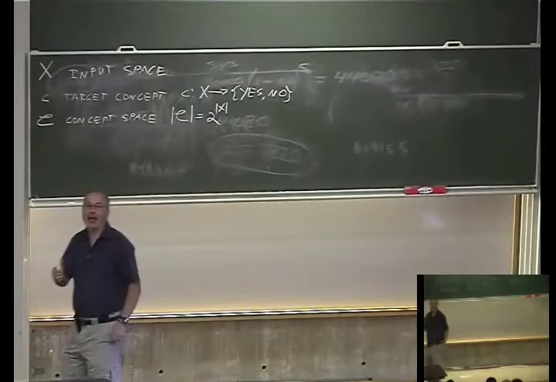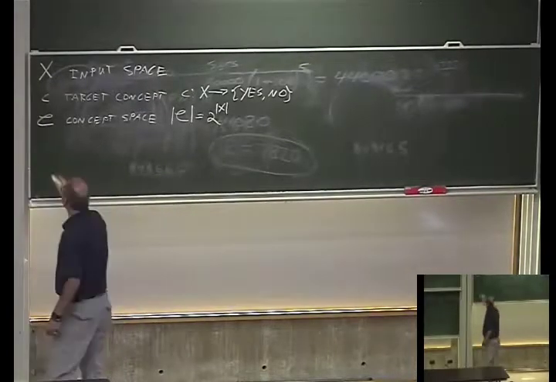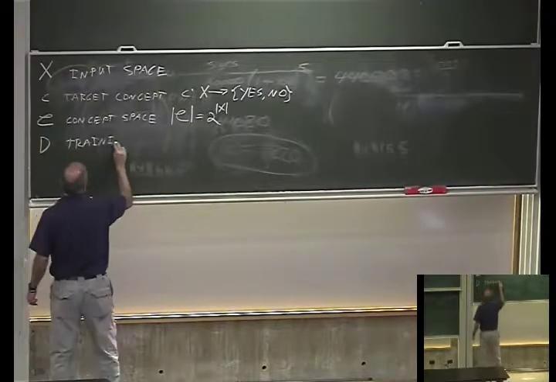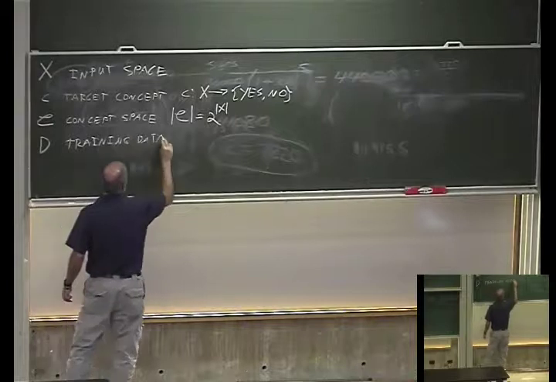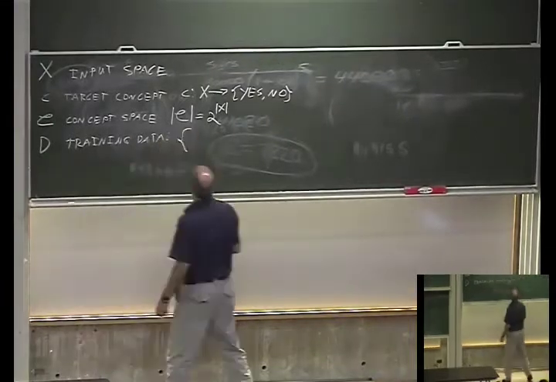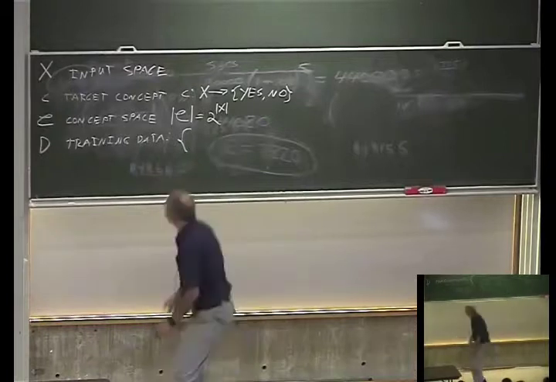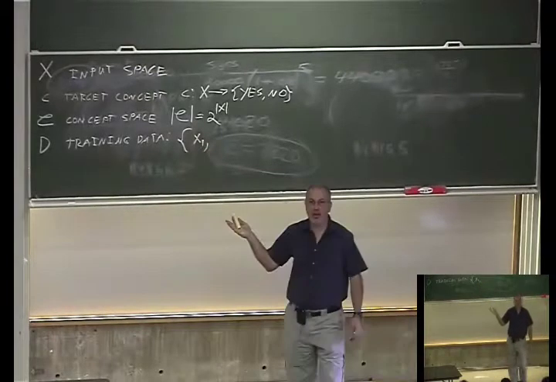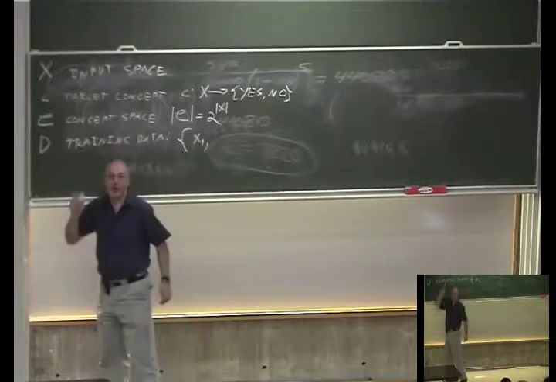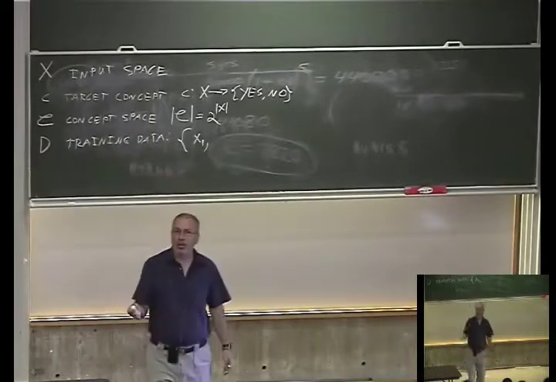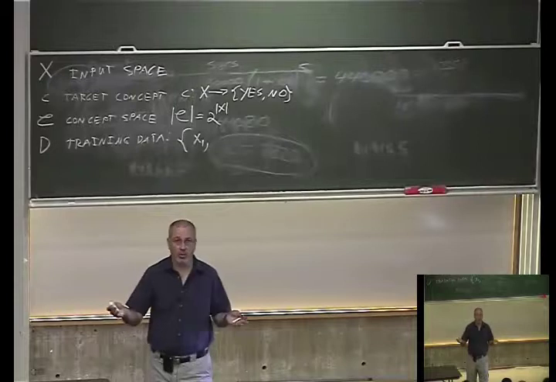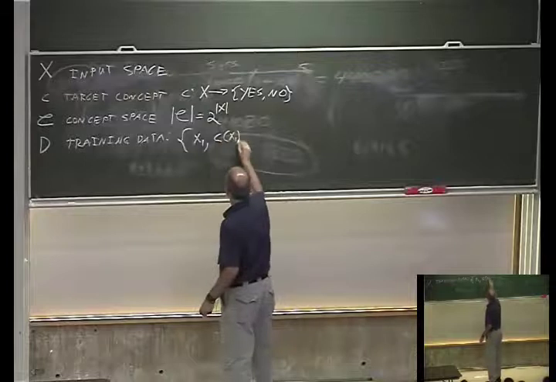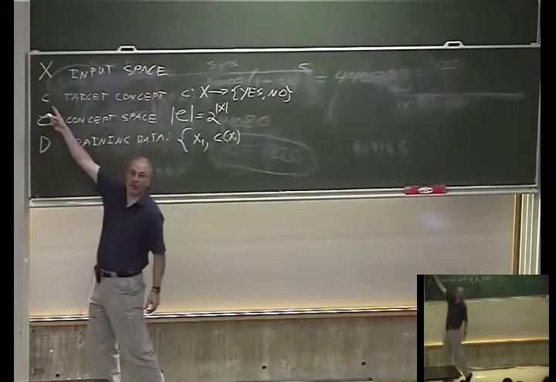The next thing we have is data. Call it D, training data. And it comes in pairs. Each pair is of the form x1, which is a particular instance, a particular member of the input space X, and the correct classification of x1 into yes or no. We can depict that with C of x1, because C is our target function.